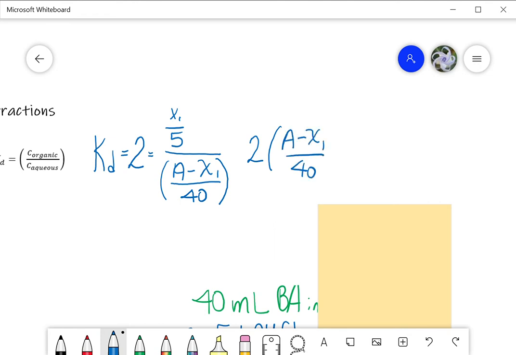And so it's going to be similar to what we did before, and slightly different numbers. And we're also going to need to keep track of our X1.